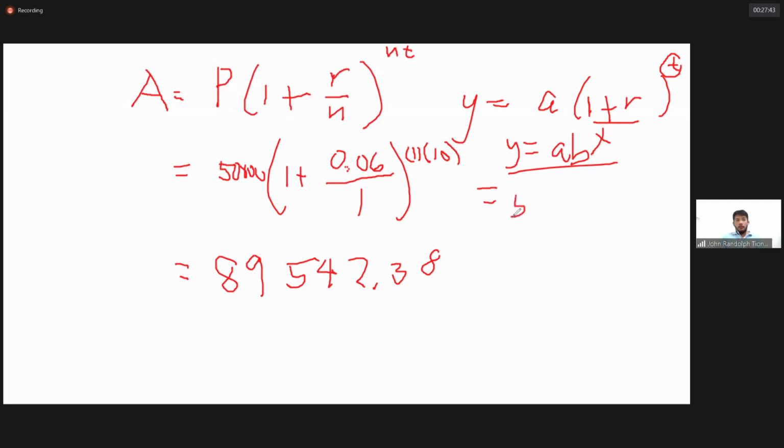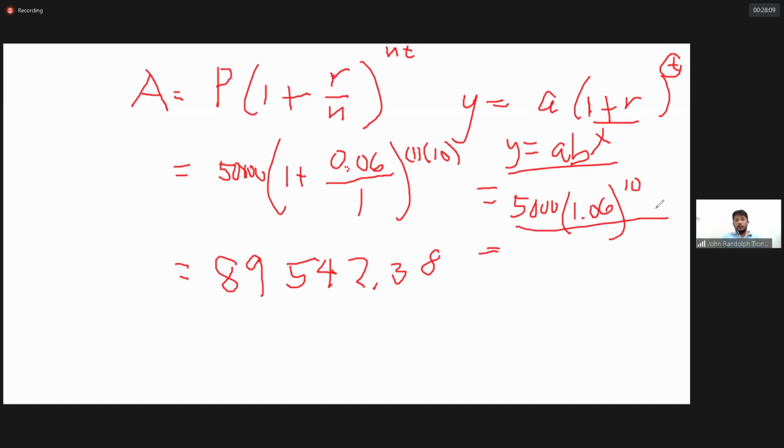So a is your initial number, 50,000, multiplied by your b. B is your growth factor, 6%, which is 0.06 plus 1, 1.06. Time here is 1 year, right? 1 year per year, and our time is 10 years, so the exponent is 10.